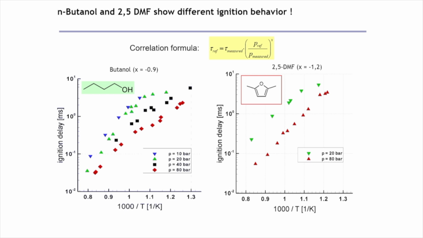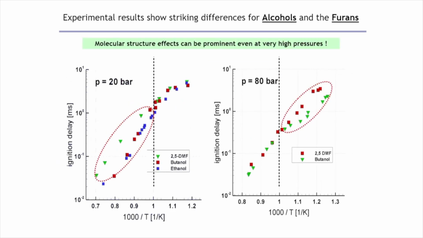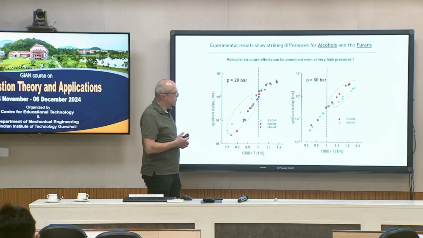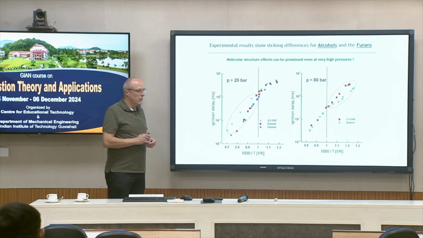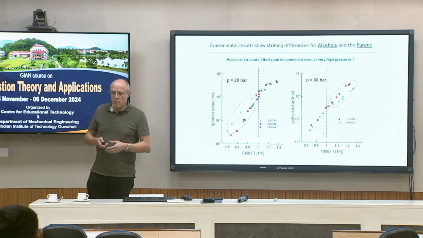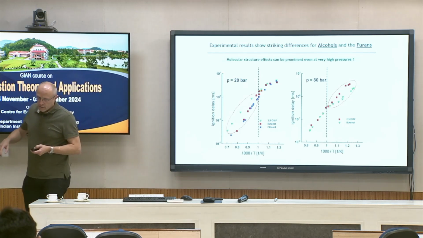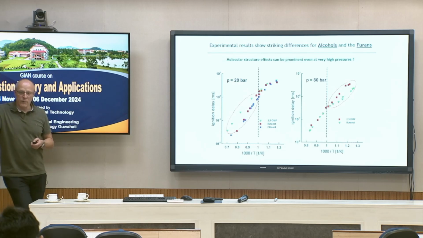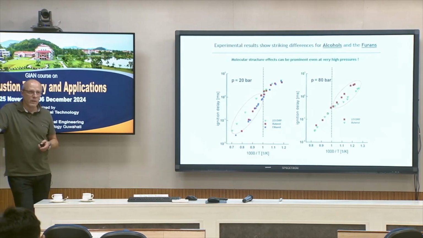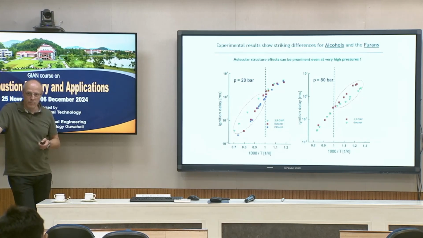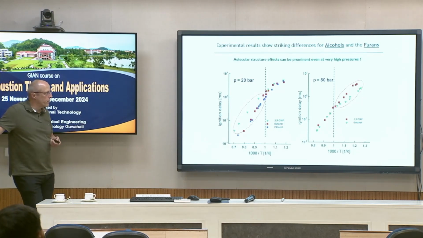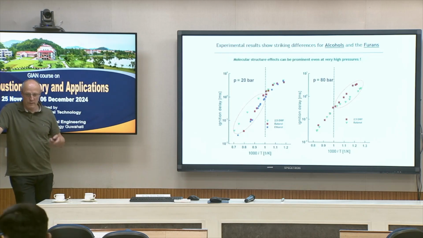So this information can be used to examine the difference further, and this is what we see here, that there are regions where we always observe differences between the molecules. And then this data we need finally to optimize our design fuel, which may be a mixture of these or other components.